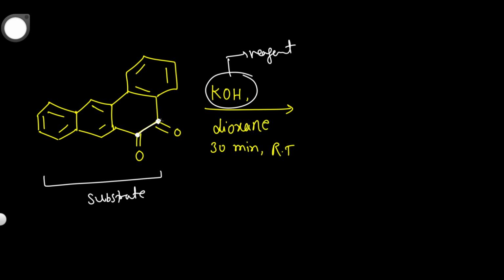That's why we call this benzil. It is also a type of benzil, okay, right? And we have taken the reagent KOH here, which will work as a nucleophile, right? So what happens next? The mechanism of this reaction is going to be like this. Let me erase this.